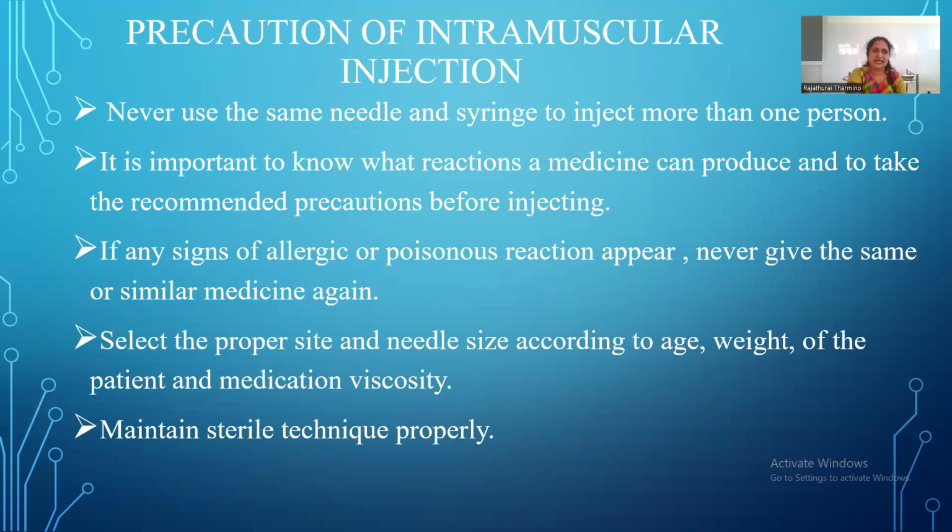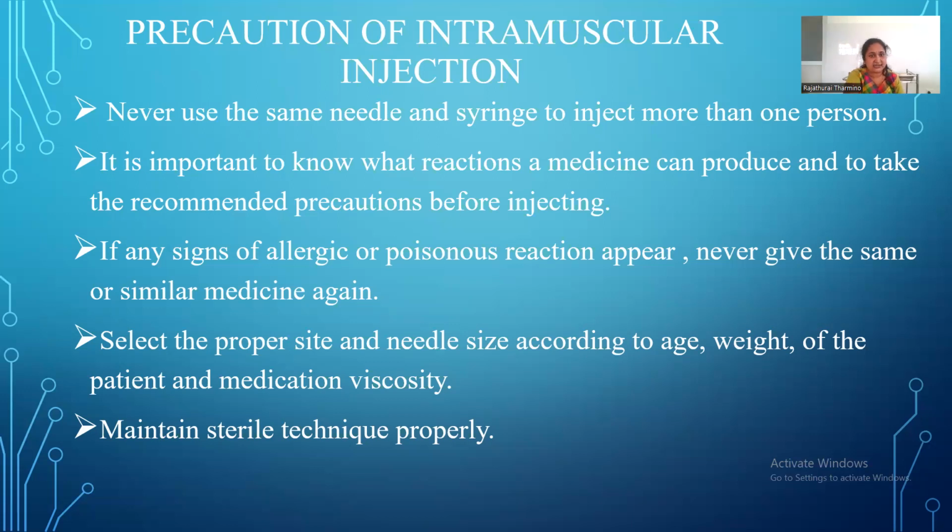Now we are going to see precautions of intramuscular injection. Never use the same needle and syringe to inject more than one patient. It is important to know what reactions a medicine can produce and to take the recommended precautions before injecting.